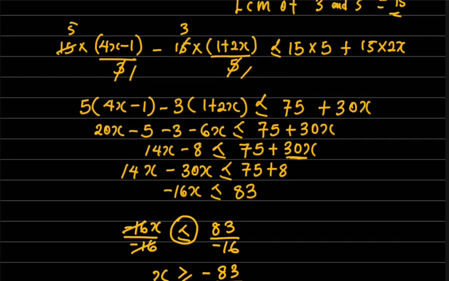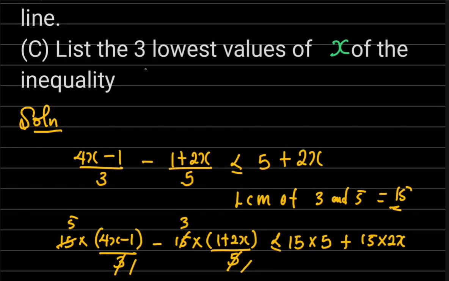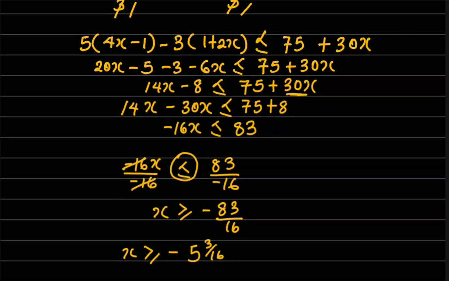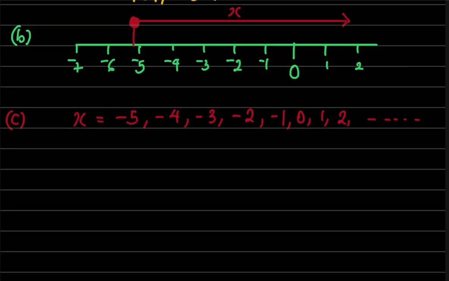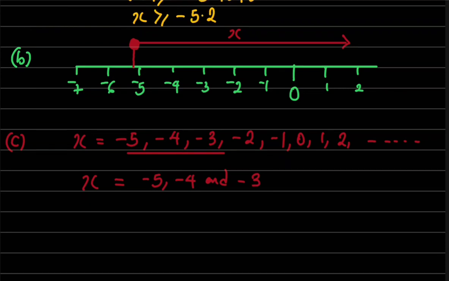Now the question says the 3 lowest values of x, that is the 3 lowest values that x can ever be, which will be the first 3. Therefore the answer to the C part of the question will be -5, -4, and -3. Those are the 3 lowest values of x as far as this question is concerned.